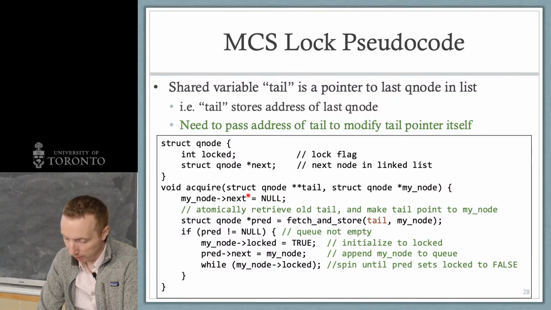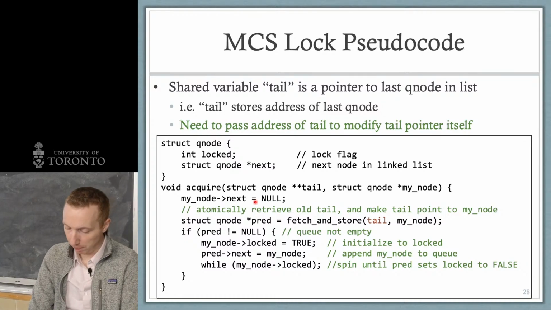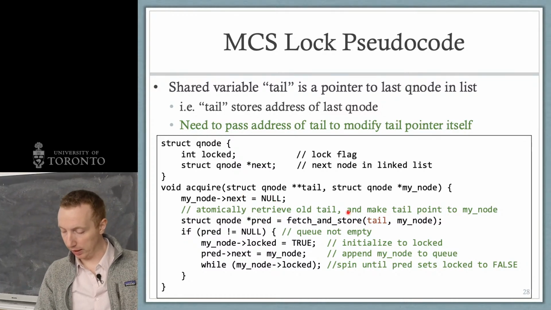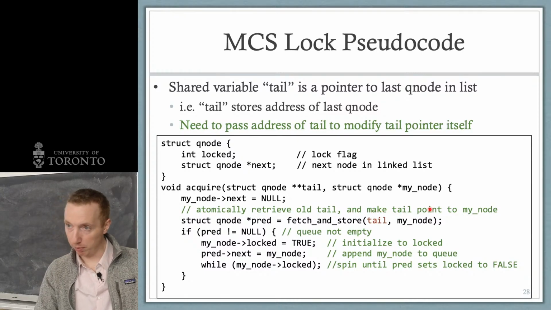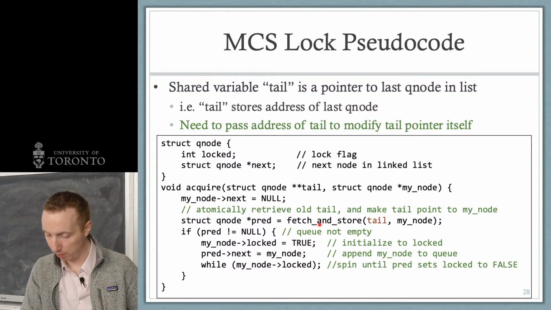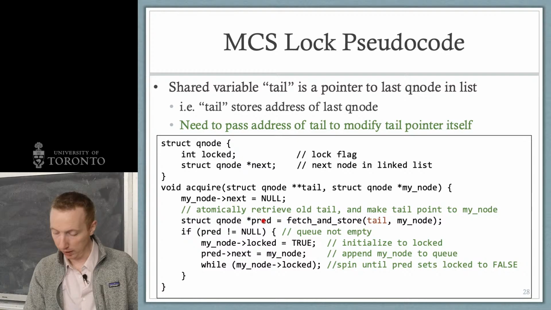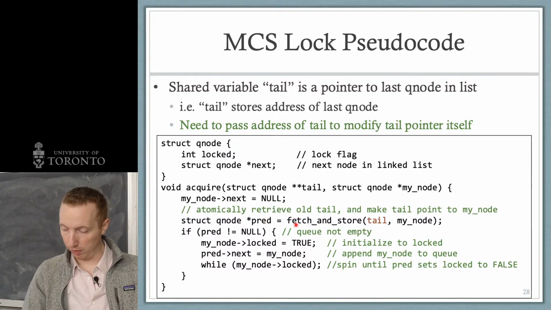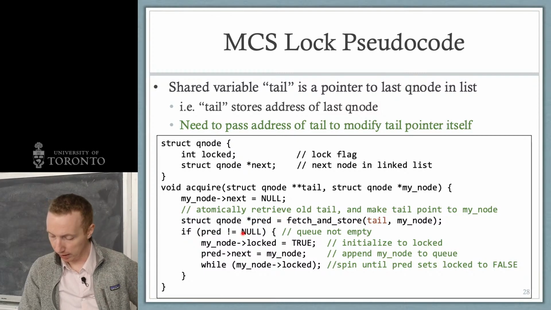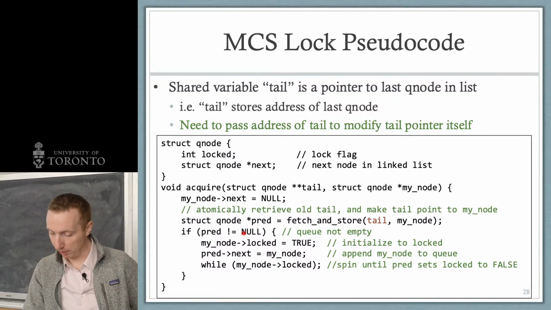So first, it would set my node's next to null, then try to atomically get the old tail and make the tail point to my node, like a normal linked list implementation. It would do that with a fetch and store, which returns the predecessor node. Then it would check: if it's not equal to null, that means the queue's not empty.